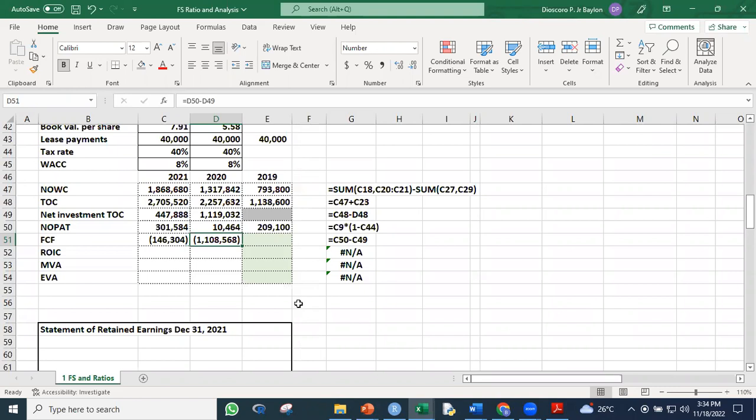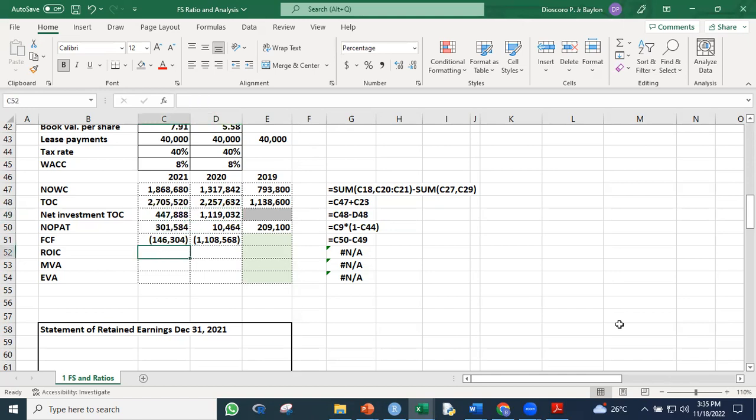So the negative free cash flow here could mean poor performance from the company due to the low NOPAT. And also, there was a big increase in the total operating capital, improved by 1.12 million. Sa 2021 nga, not even half a million.